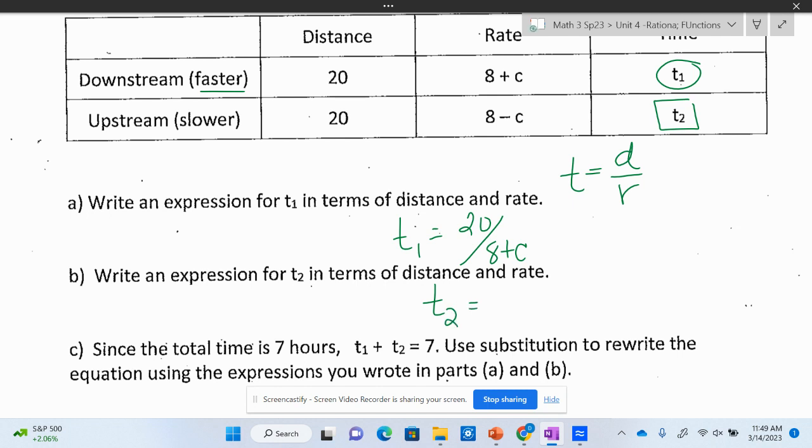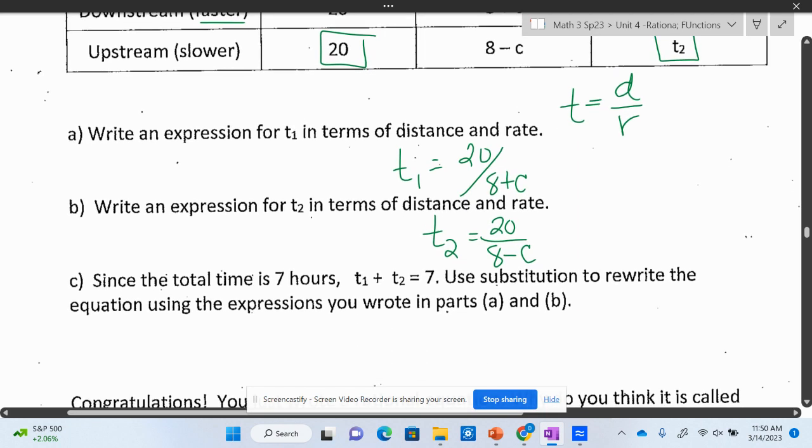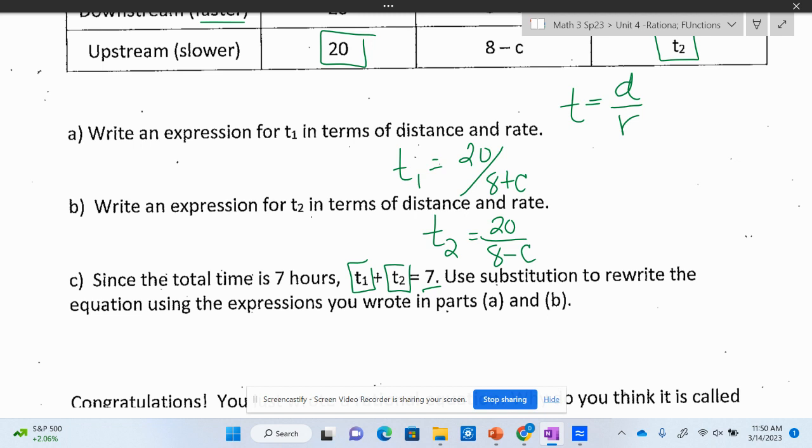So T2 equals, well, I traveled the same distance, 20, but my rate this time was 8 minus C. Okay. And then in the word problem, it said that the total time going downstream and upstream took 7 hours. So that means that T1 plus T2 equals 7.